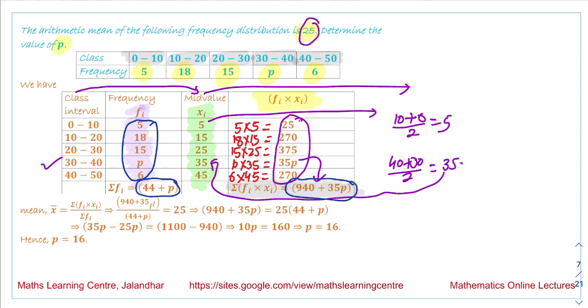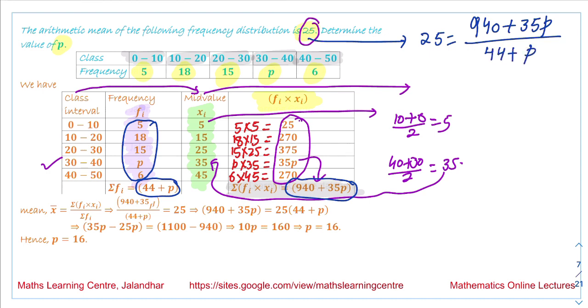It is given that the mean value is 25, and we know the formula: 940 plus 35p, the value of sigma xi fi, divided by sigma fi. On solving this, we get 940 plus 35p equal to 25 into (44 plus p).